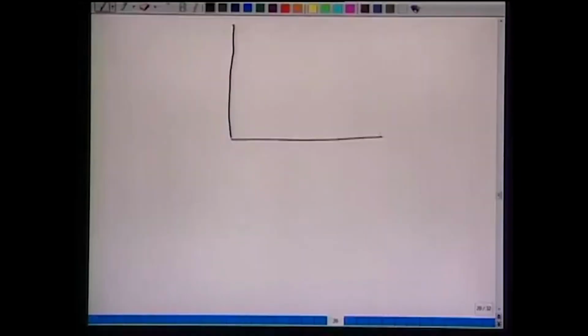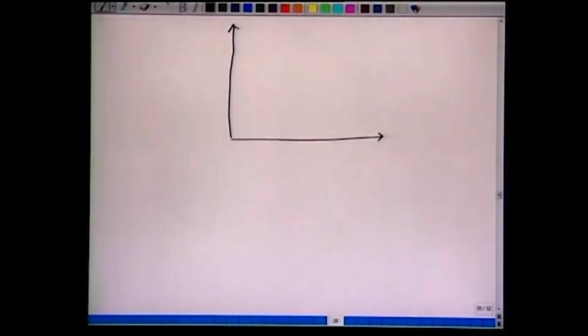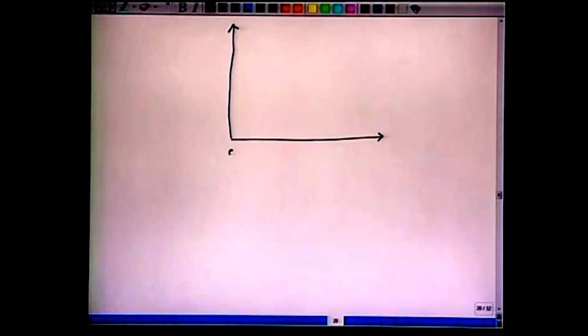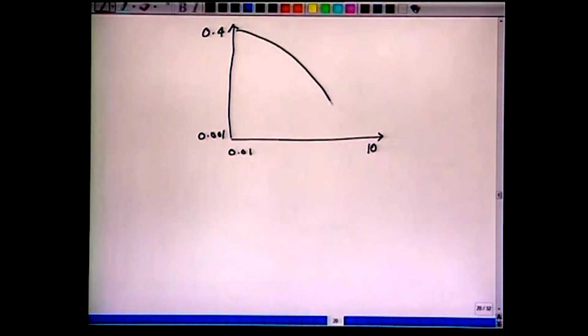Take the plot from Treybal or from some textbook. We have this plot with 0.01, typically 10 here, and 0.001, 0.4, and you have several of these curves. The top curve, of course, we know is the flooding curve.